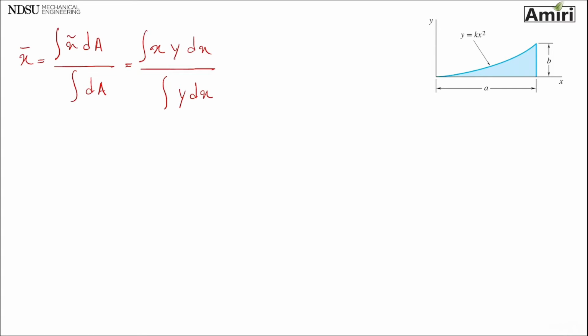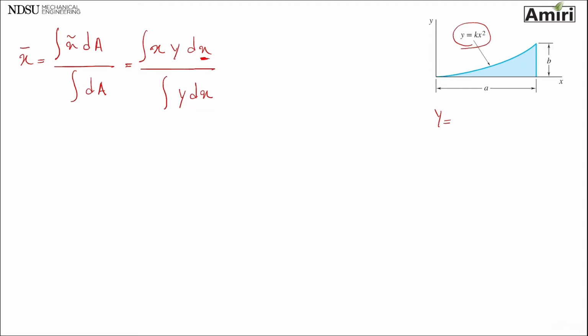Okay, I have a problem. My variable here is dx, so everything in the integral needs to be based on x as well. So I got to get rid of that y, and thankfully we have this y here based on x.